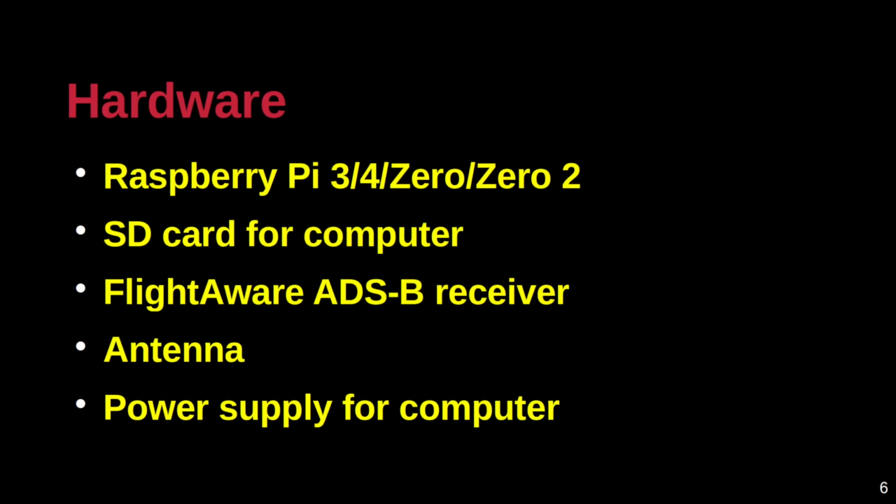All Raspberry Pi computers need an SD card to boot the operating system. If you are experienced enough, you can, or perhaps should, use a secondary storage device because the SD card will take a beating with PiAware.